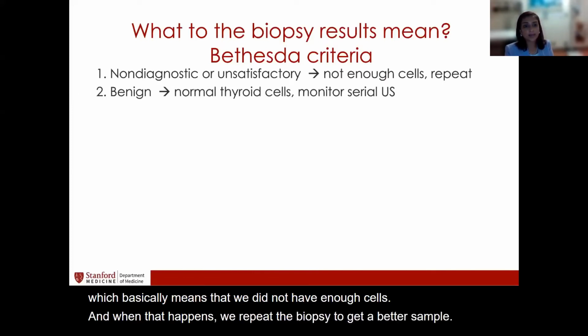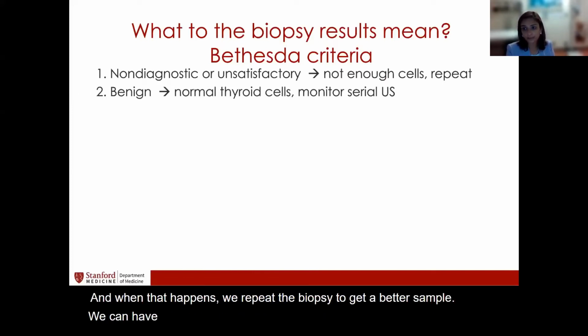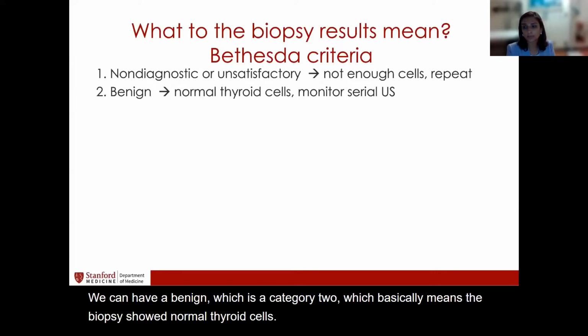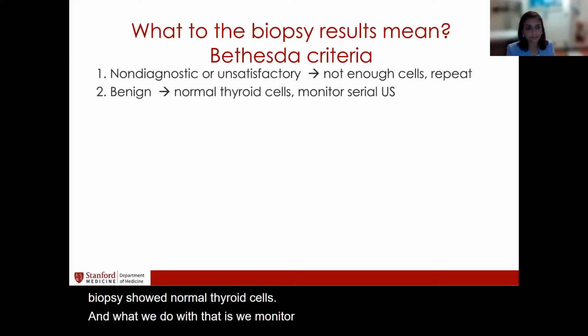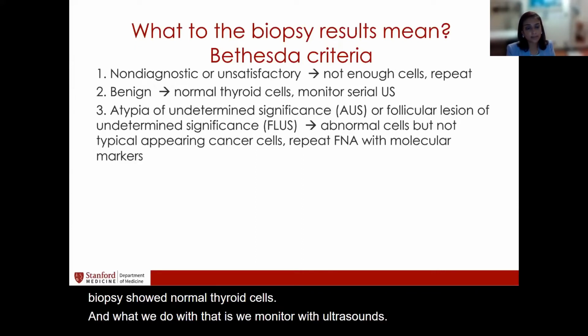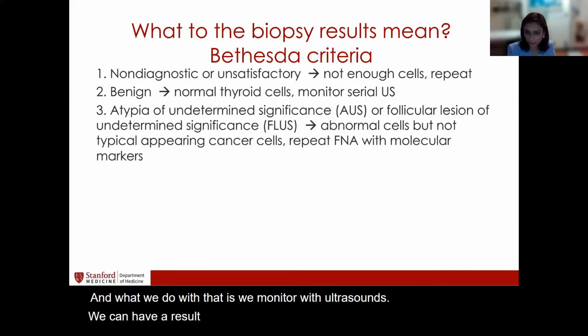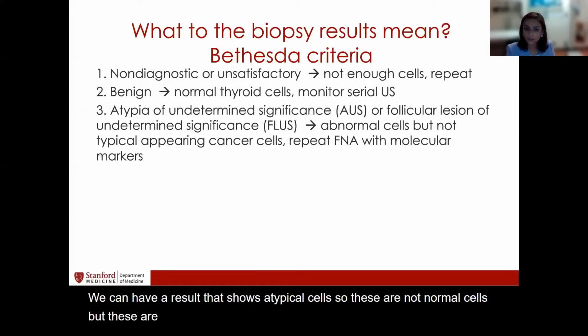We can have benign, which is category 2, which basically means the biopsy showed normal thyroid cells. And what we do with that is we monitor with ultrasounds. We can have a result that shows atypical cells. These are not normal cells, but these are not cancer appearing cells.